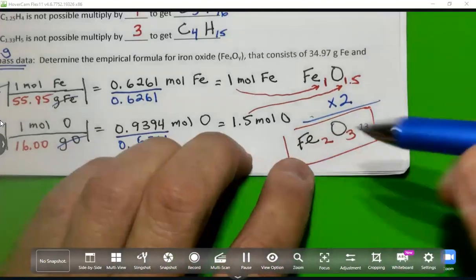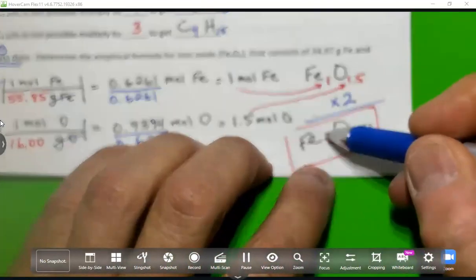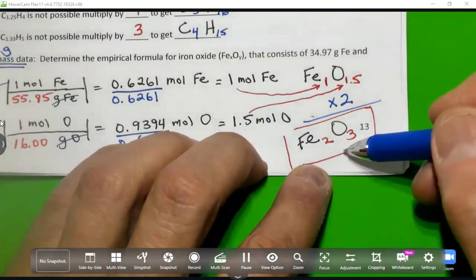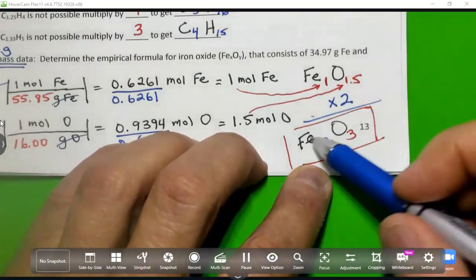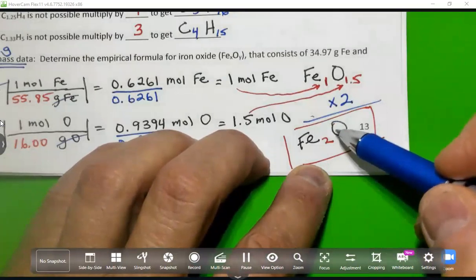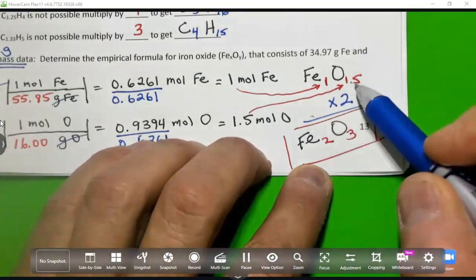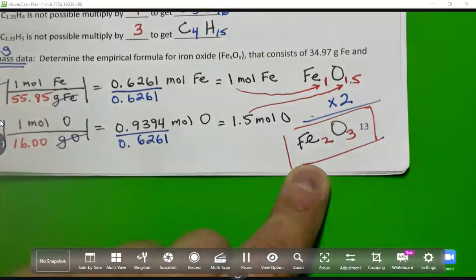And with that, we know this is iron 3 and not iron 2, right? This is iron 3 oxide. If it was iron 2 oxide, it would just be 1 to 1, right? So no, we've got iron 3.